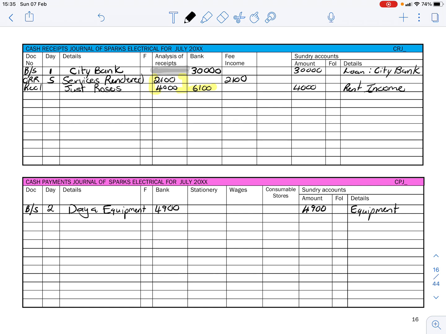All right. On the 7th, we paid wages to Electric and we paid Zap Products. So we're working in the CPJ. Our source document would be a bank statement and a bank statement. Now, the first one was wages to the technician Electric. Now, in years gone by, we would say we cashed a check.